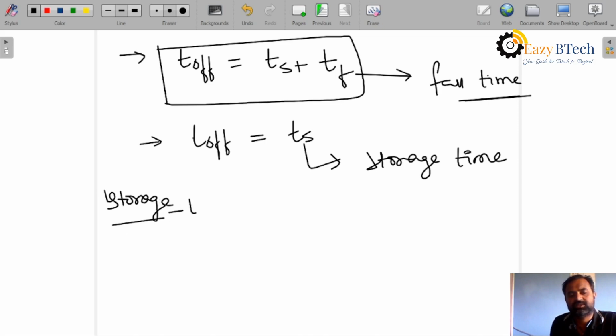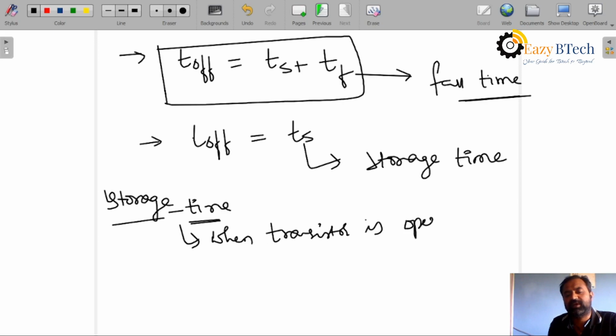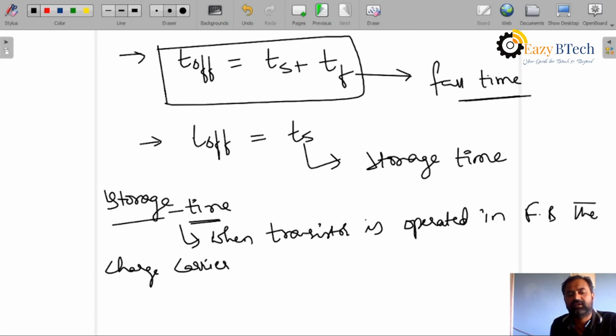What is storage time? It means when a transistor is operating in forward bias, the charge carriers diffuse to either side of the junction.